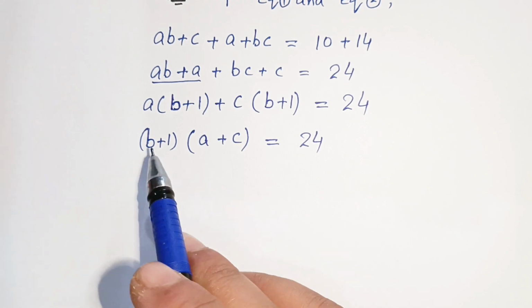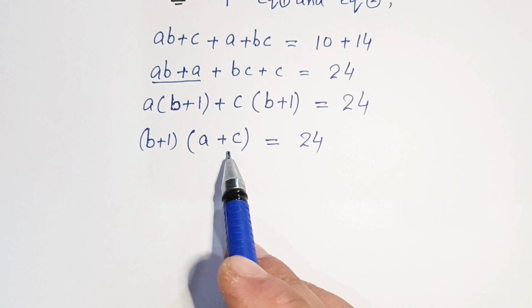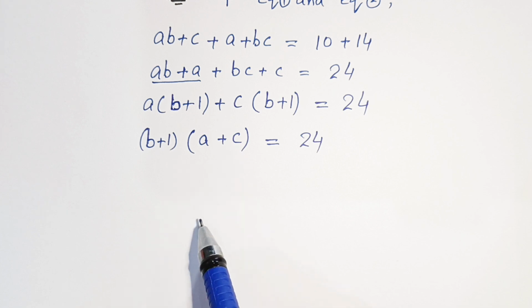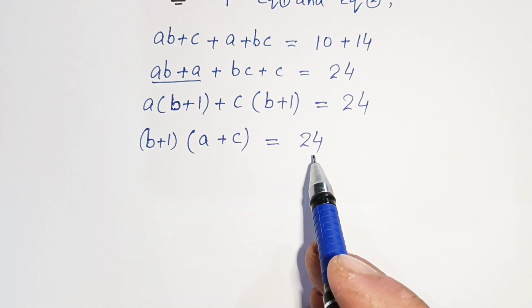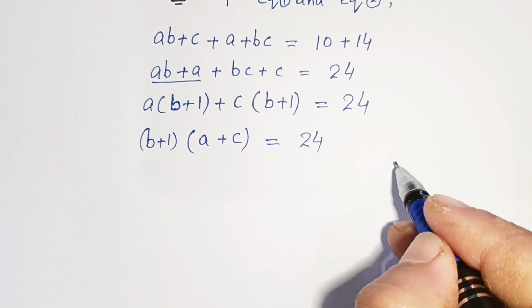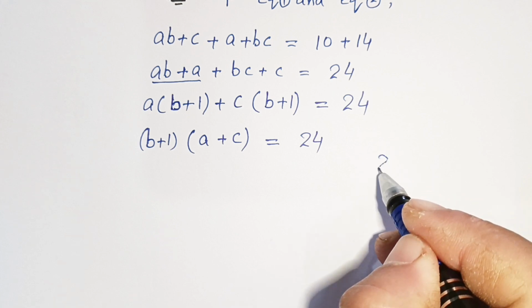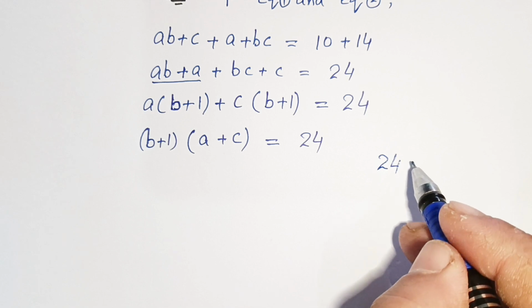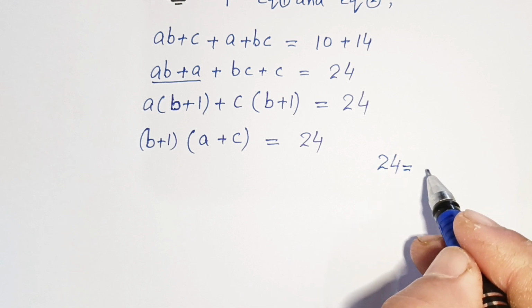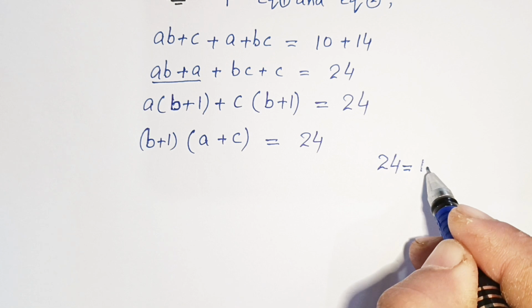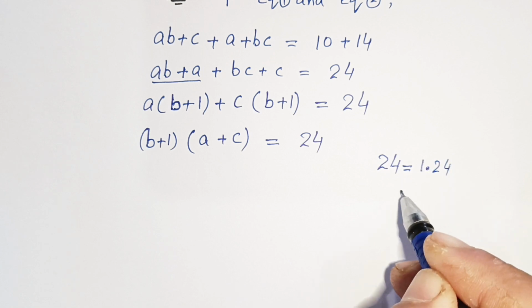Now as we know that b plus 1 and a plus c both belong to positive integers, this 24 can be factorized like this. Writing the factors of 24, first of all we have 1 times 24 is 24.